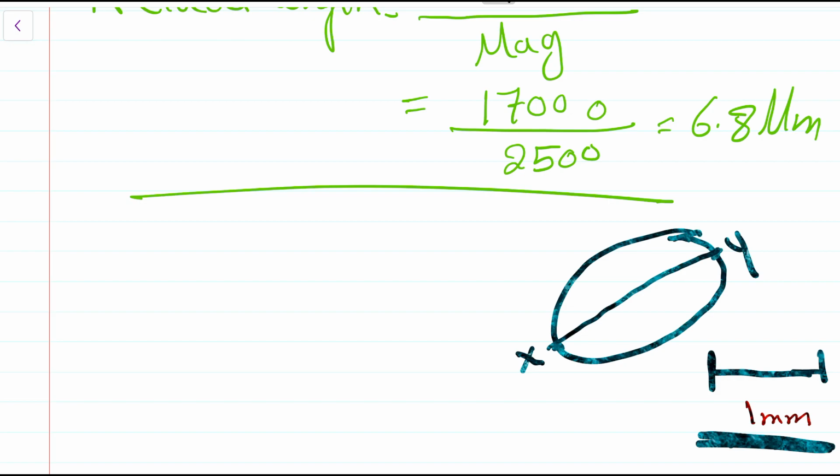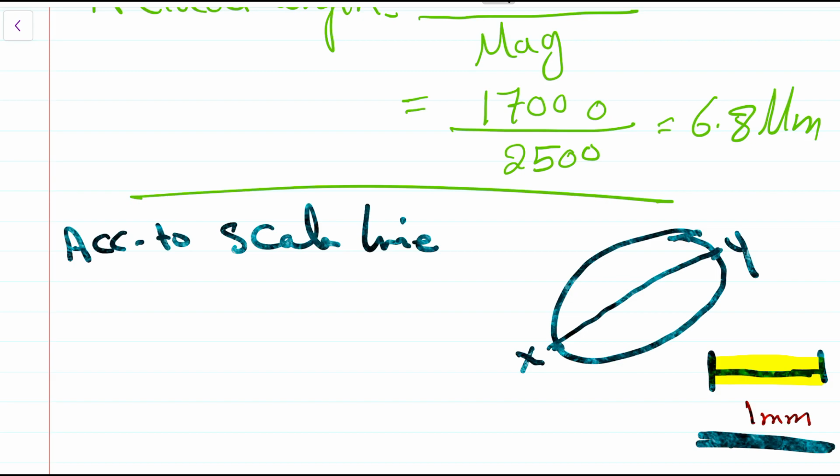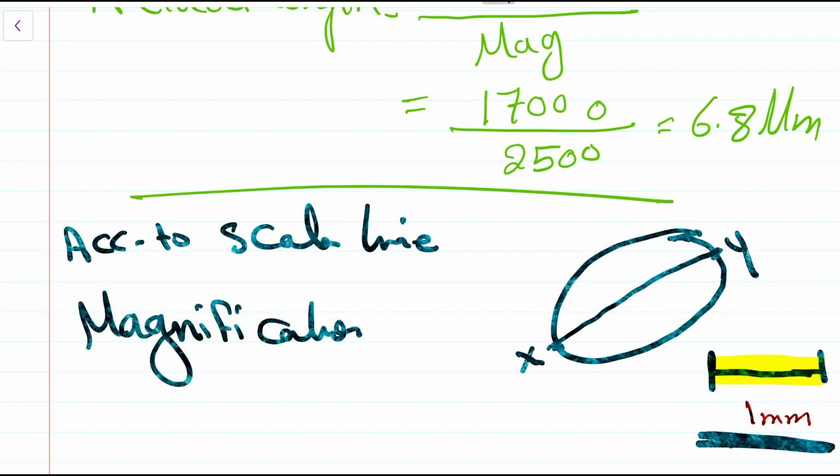It's written 1 millimeter, but actually when we measure this length, it's not 1 millimeter. So according to the scale line, we can get the magnification. How? Actually we have 1 millimeter. This is considered the actual one, and this is the observed one.